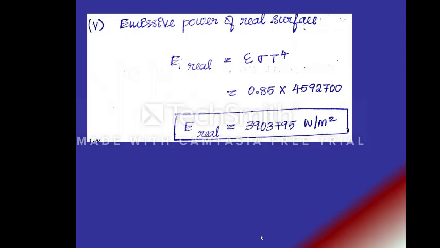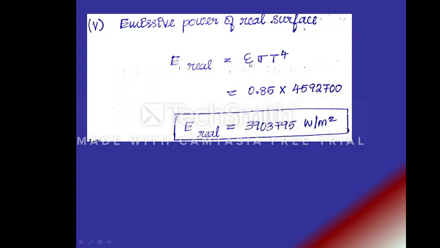Finally, the fifth subdivision, emissive power of a real surface. You know, emissivity is defined as the ratio of emissive power of a given body to the emissive power of a black body. So emissive power of a real body can be calculated as epsilon multiplied by emissive power of a black body, which we have discussed in the first lecture. So using that, here sigma T power 4 represents the emissive power of a black body.